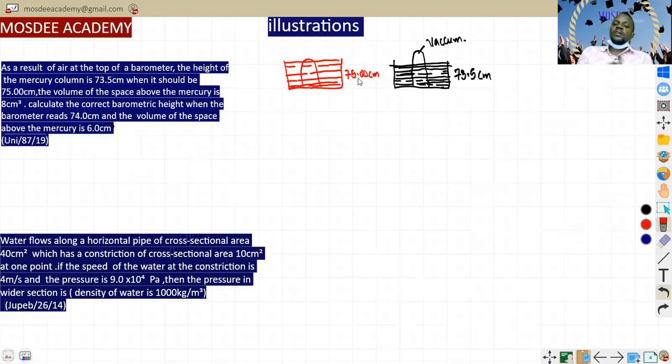So we are taking it gradually, from understanding. So that means there's air on top, which is as a result of the way the tube was inverted.